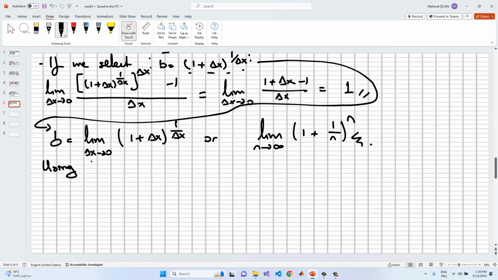Newton derived the binomial solution in order to calculate this limit value.